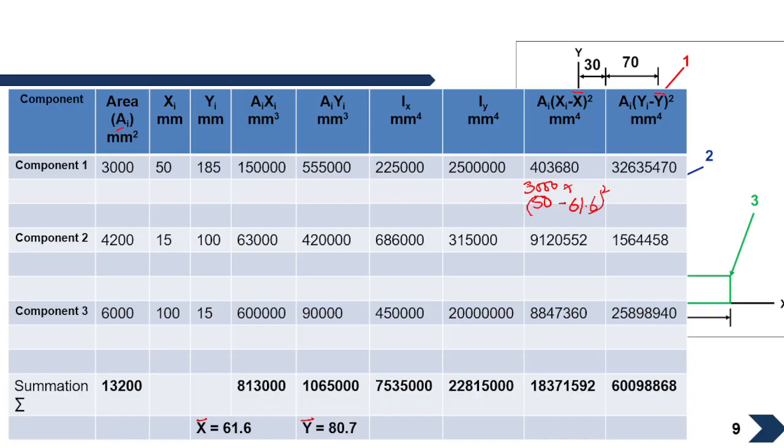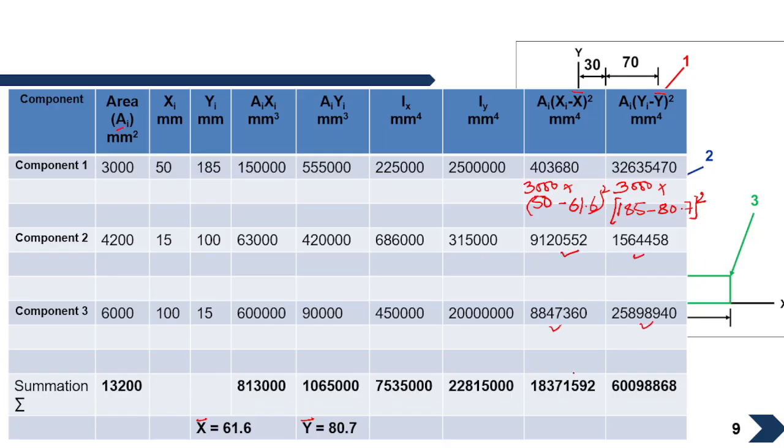Here area is again 3000 into y_i. y_i is 185 minus y bar, which is 80.7. Like that, if we do it for all, you'll get these values.